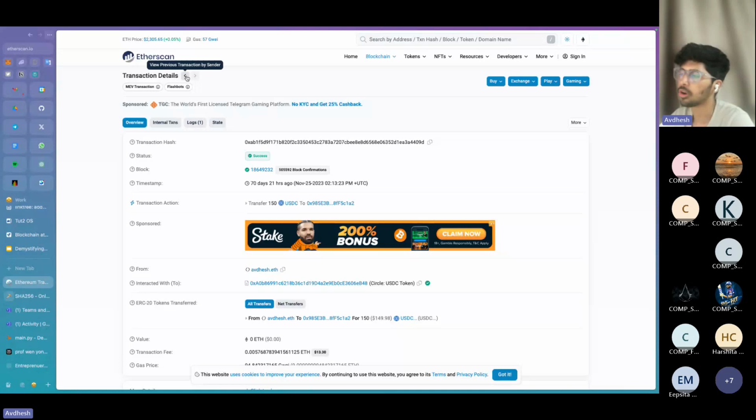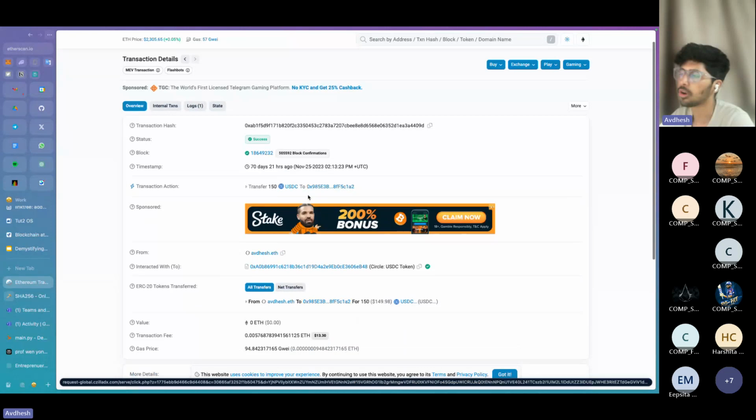Okay, I picked up the wrong transaction, because this was the transaction where I got hacked. One hacker literally hacked my wallet because for some reason my private key got compromised, and he transferred 150 US dollars to his account. That's why I'm telling you, do not share your private key with anyone.